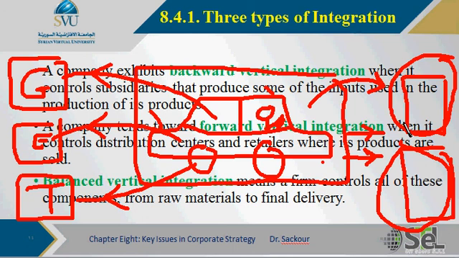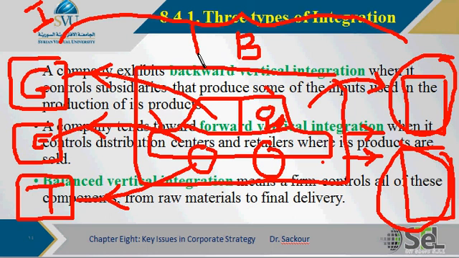Okay, hope so. The balanced one is to have forward with backward integration: to acquire the whole process, input, processing, output, to have both backward and forward integration and capture the whole process.